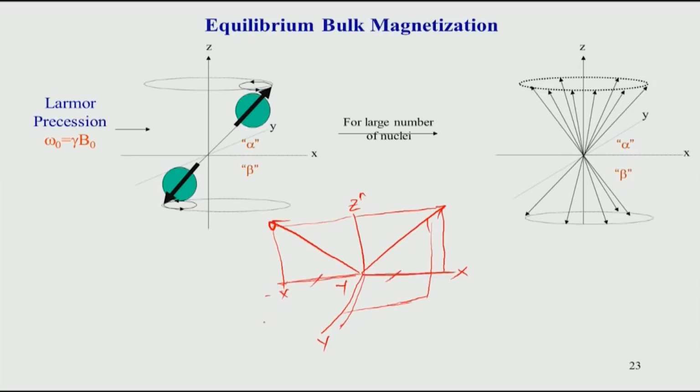They cancel each other, and there is no net component in the x axis. So, we can say that the x component is equal to 0. Similarly, if you look at the y component of some other pair of nuclei, some pointing here, some pointing here, again in the y axis they cancel each other, and the y component also becomes equal to 0.